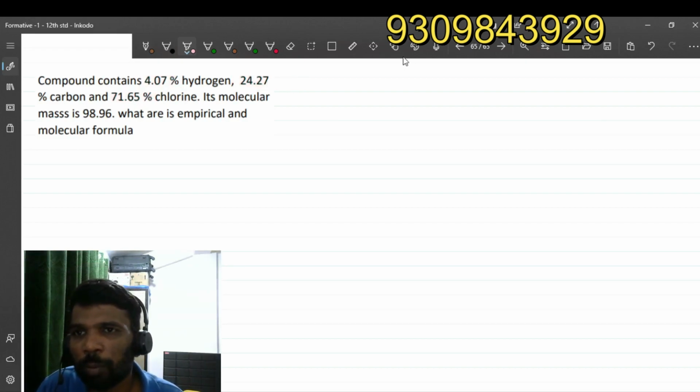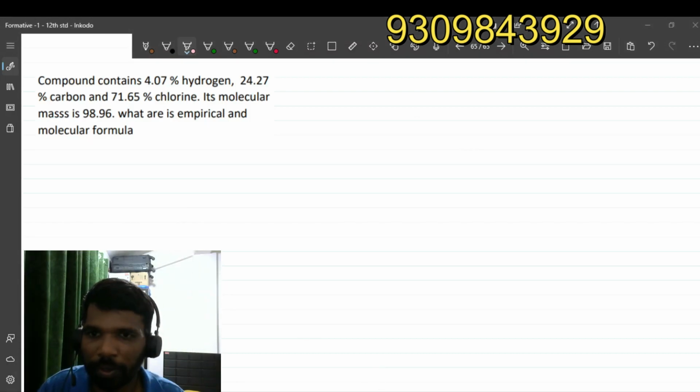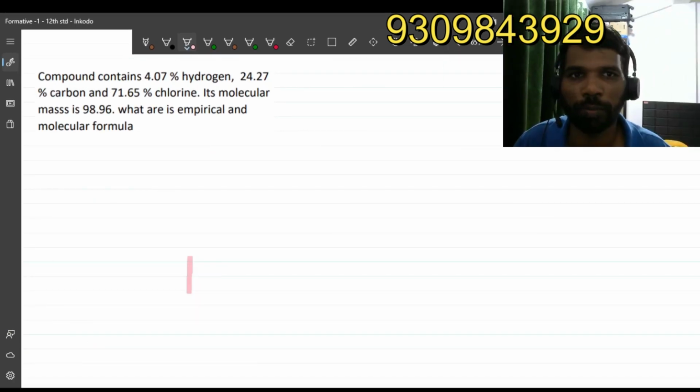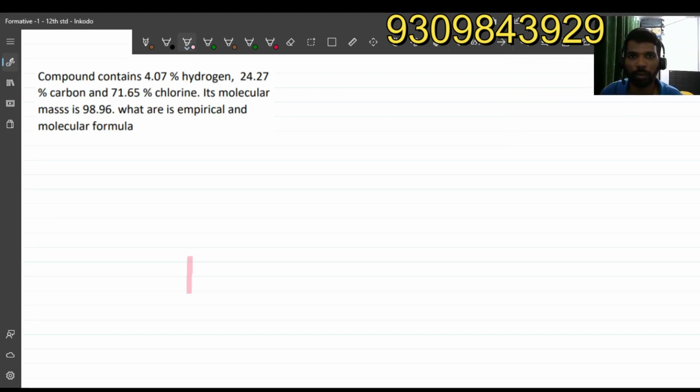So what they are saying is the compound has, I'll write the elements. What are the elements present? Okay, 1 minute. I'll keep this window here and this window I'll put here so that we can use the whole of this space. I'll write over here elements first.